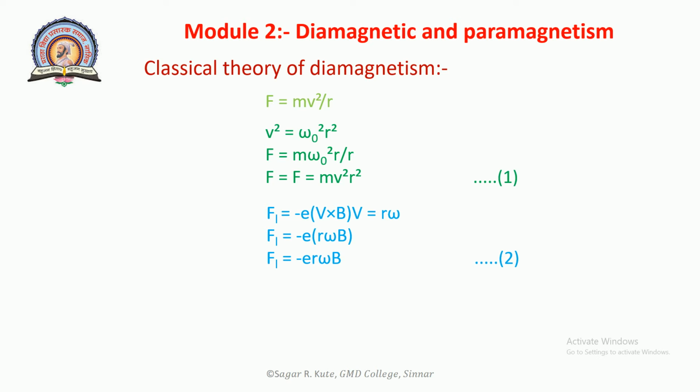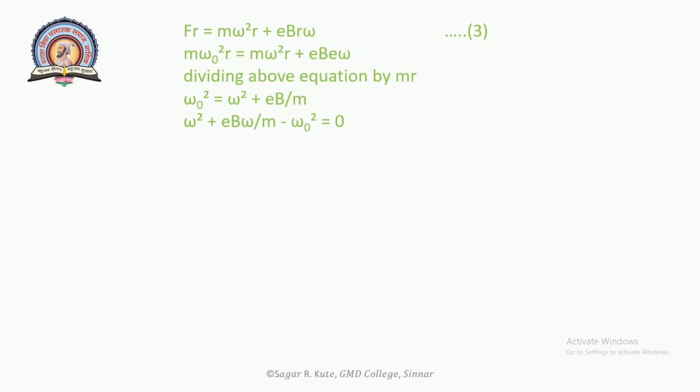The resultant force acting on the electron is Fr, that is minus e B r omega is equal to m omega square r. Substituting this value in equation first, Fr is equal to m omega 0 square r plus e B r omega.